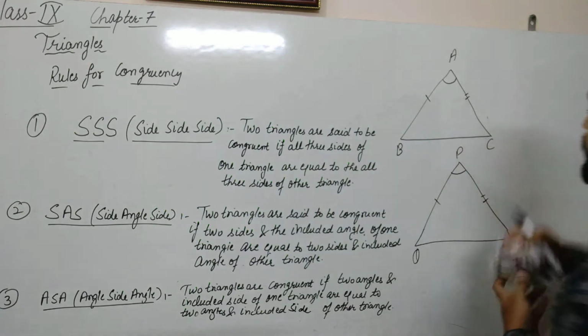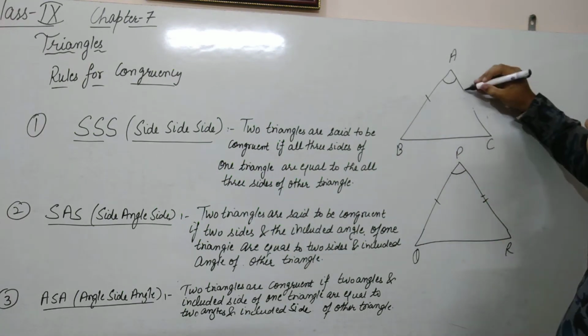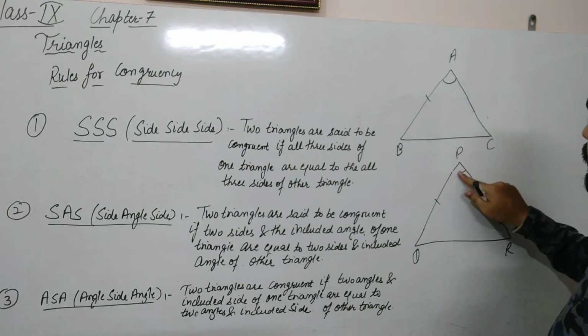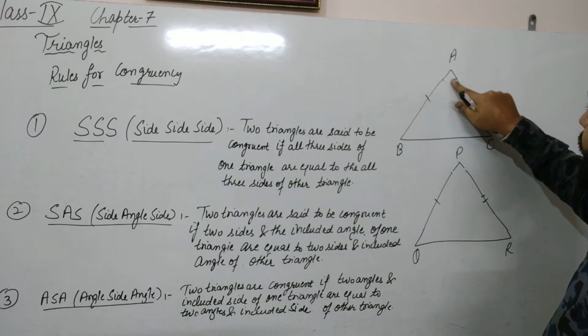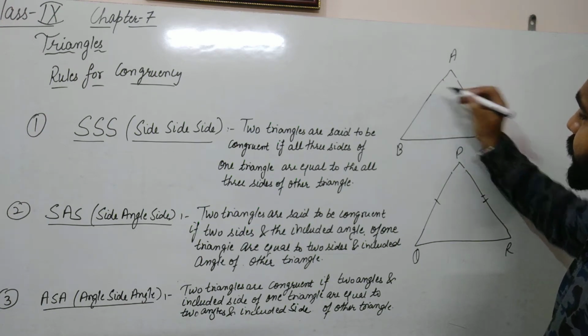So let us suppose these are two triangles here, triangle ABC and PQR.